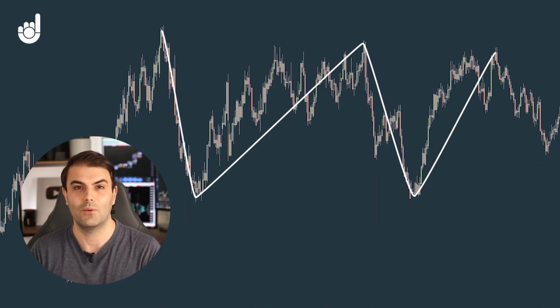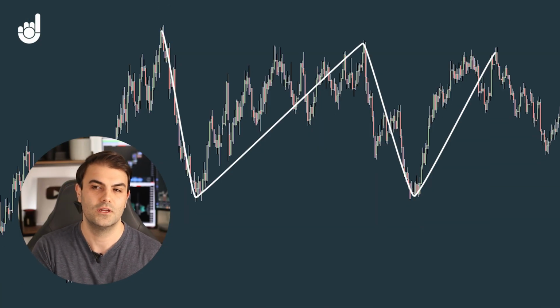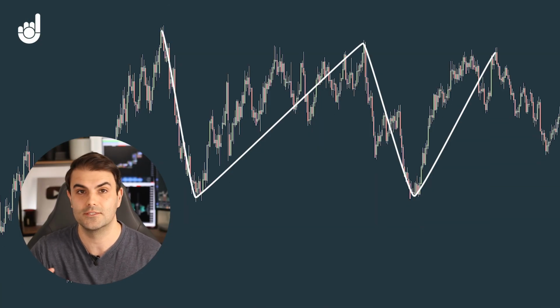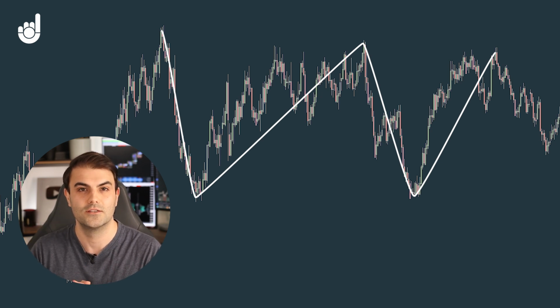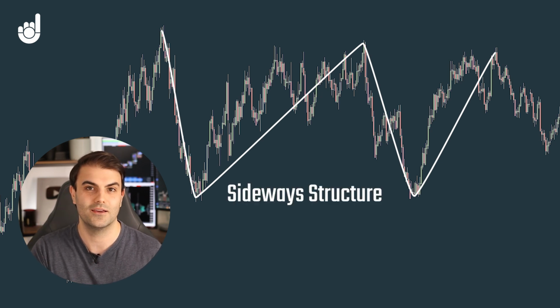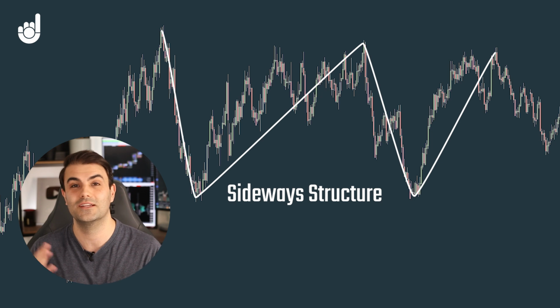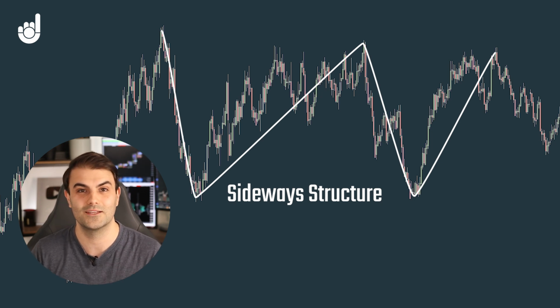But there are also times when the price doesn't seem to be moving mainly in one direction. And we can see this in the price structure when the highs and lows are mixed and the price is generally staying within a certain price area. So we would call this a sideways market because, surprise, surprise, rather than it trending, it's moving more or less sideways.